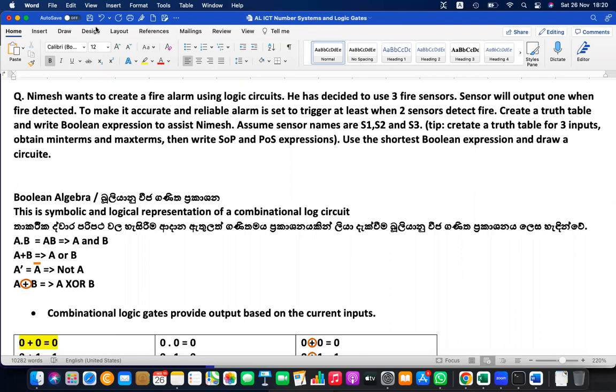You can start now. You can send the answer to WhatsApp. I'll give you 5 minutes, and after that I'll start the discussion. Even if you're done or not, I will discuss, but try to do it alone.